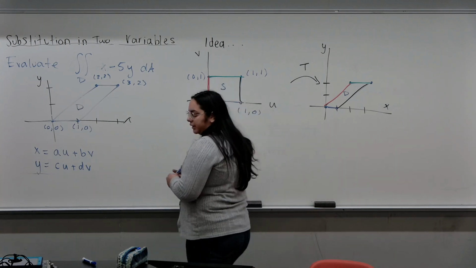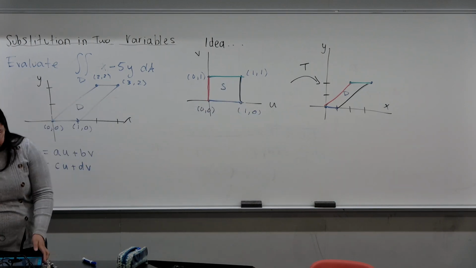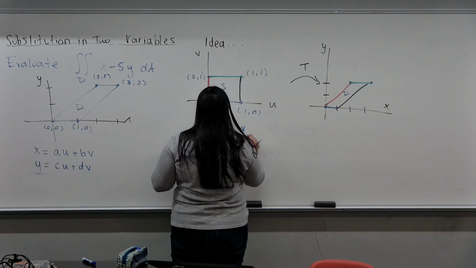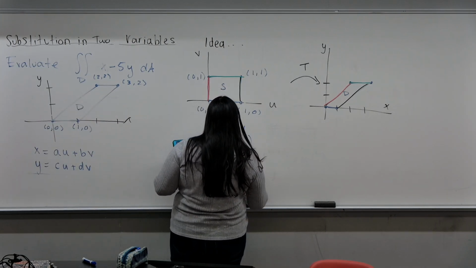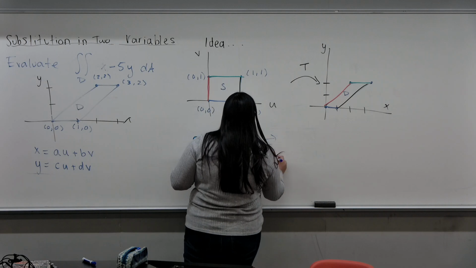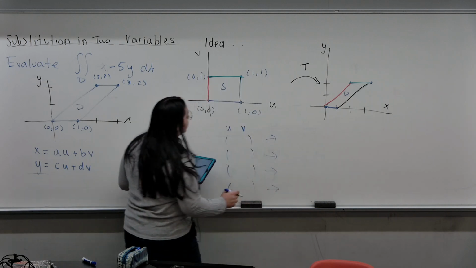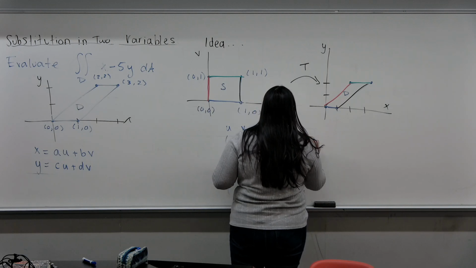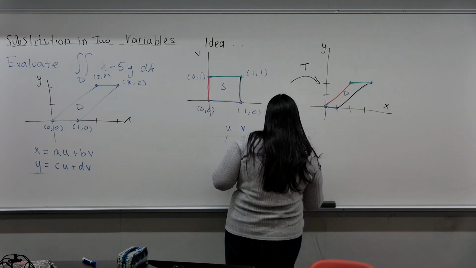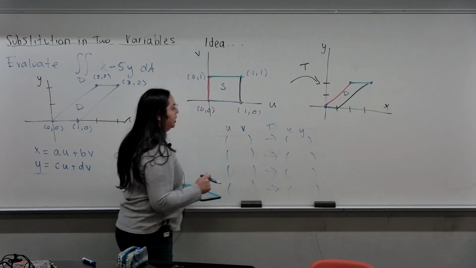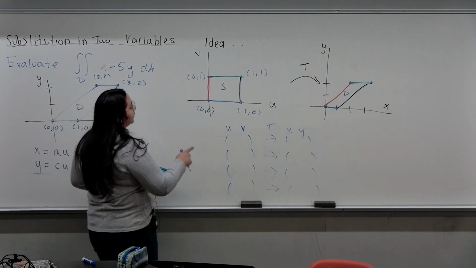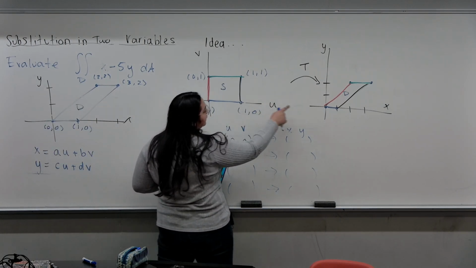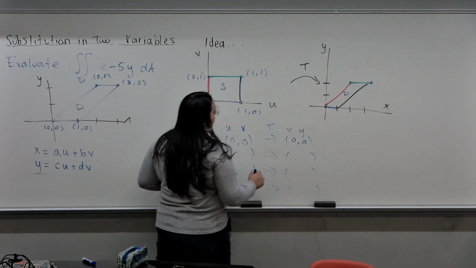So in particular, I'm going to write down what each vertex gets mapped to. Here we have u and v. There are 4 vertices from region S that get mapped to 4 different vertices in region D via this transformation T. So let's go with the first ordered pair, 0, 0, gets mapped to the vertex 0, 0 in the xy plane.